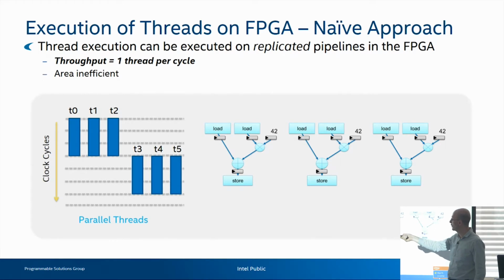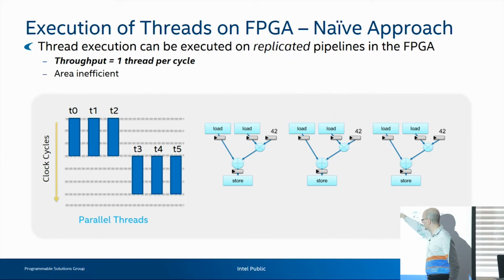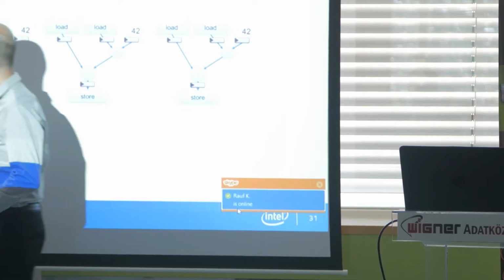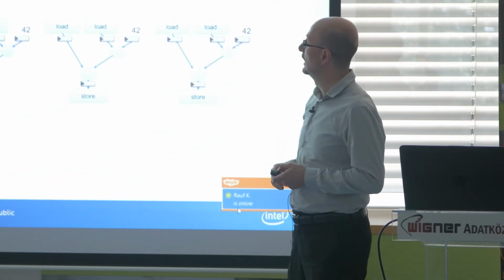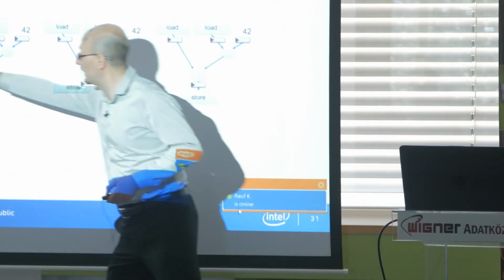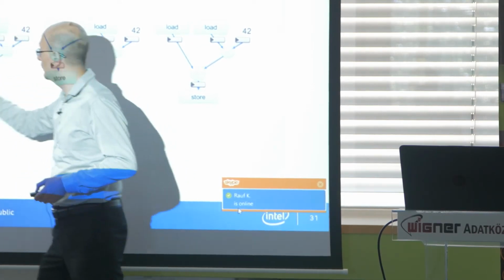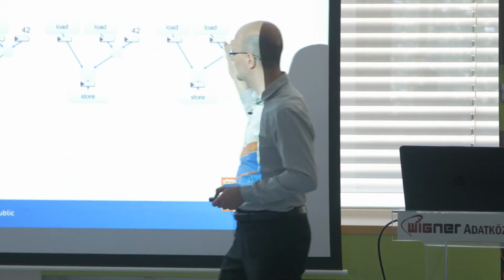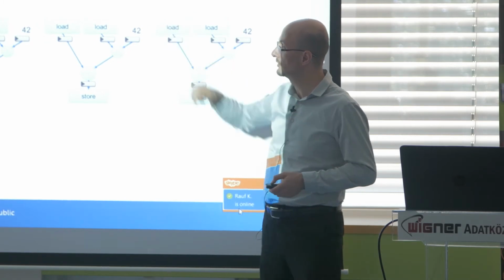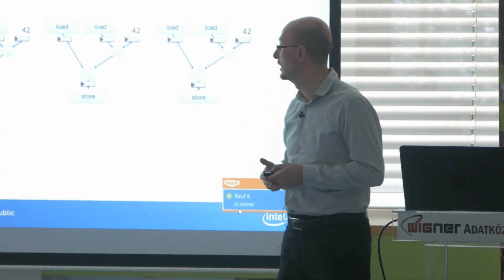So you have workloads, or work items in the context of OpenCL, being scheduled on 3 different physical instances, and then they start, and in 1 and 2 cycles they finish the job. So these are the inputs and these are the outputs for the parallel threads. The parallel threads that you see here, 3, 4, and 5, are scheduled on top of the existing ones after T0, T1, and T2 are finished.